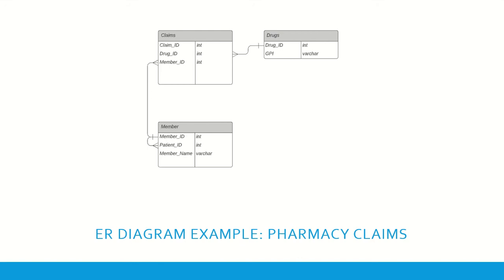In this example, we see three entities, claims, members, and drugs, and each of their attributes, and the relationships between the entities. For example, a claim may have many drugs, but a drug only has one. This relationship can be described as one-to-many.